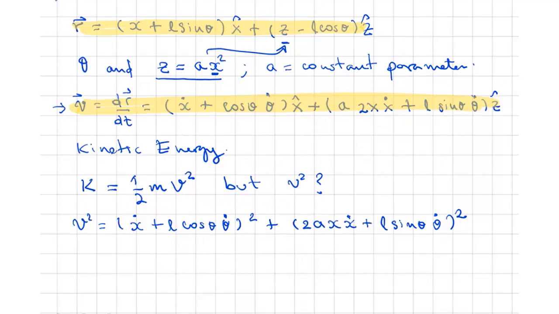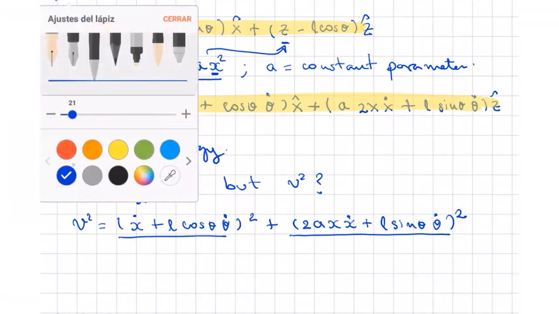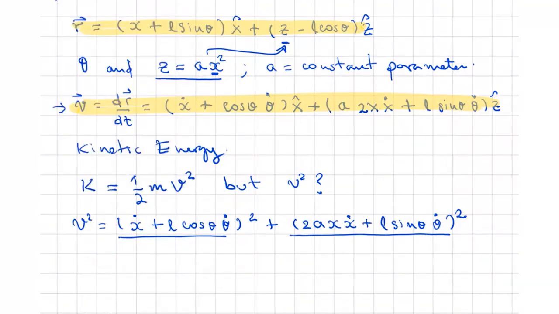Because from the algebra we remember that a plus b squared is a squared plus b squared plus 2ab.